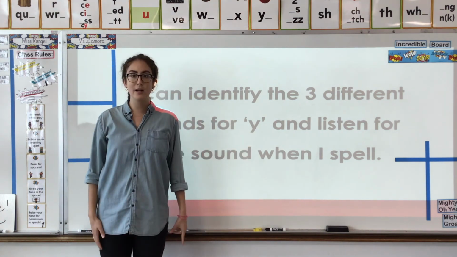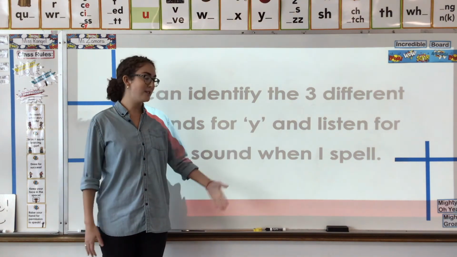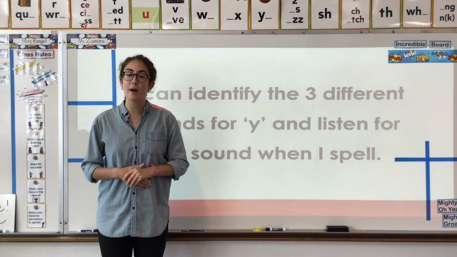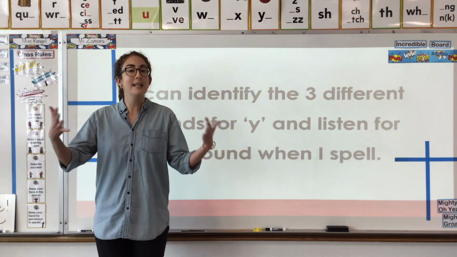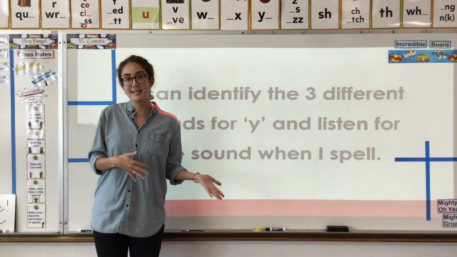This tiny letter can make 3 different sounds when we read it just on its own. And today we're going to learn about the 3 different sounds the Y makes, and in what situation when we read does the Y make which sound.